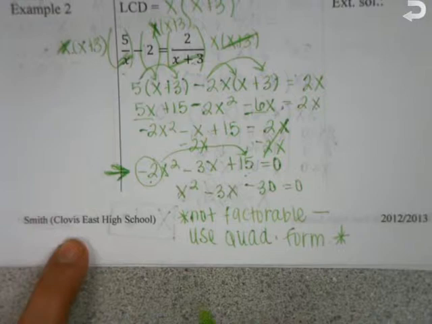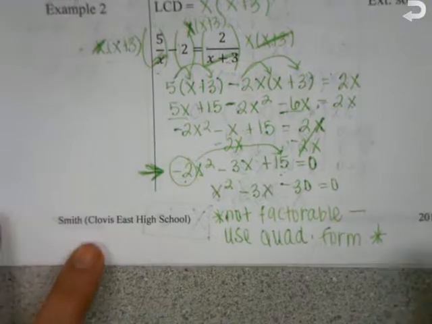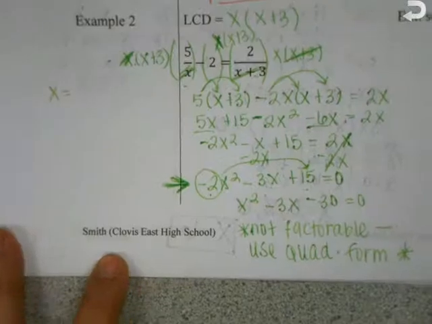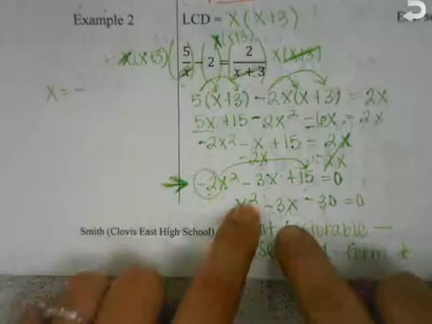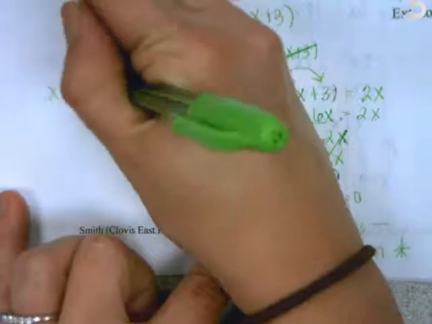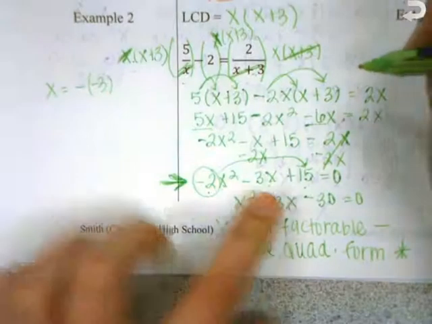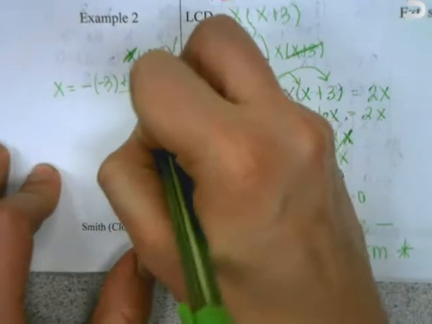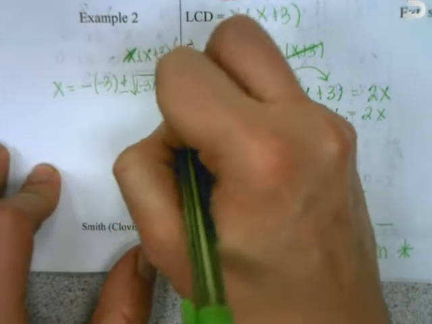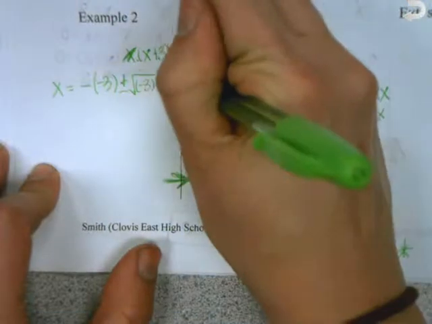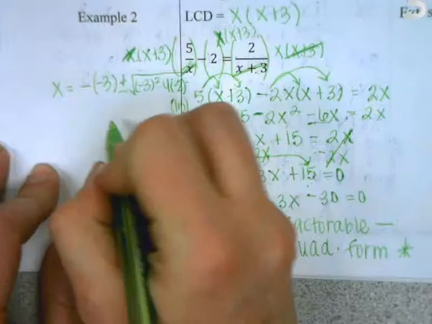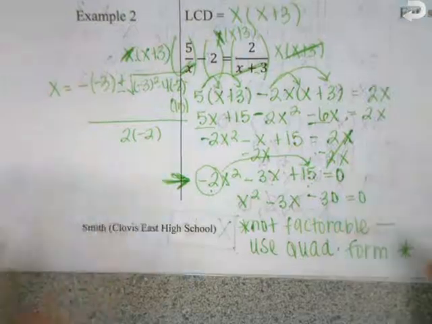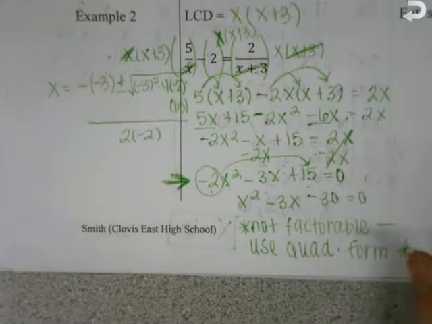So x equals negative b, so negative 3, plus or minus square root of negative 3 squared minus 4 times negative 2 times 15, all over 2 times negative 2. It doesn't get much harder than that.